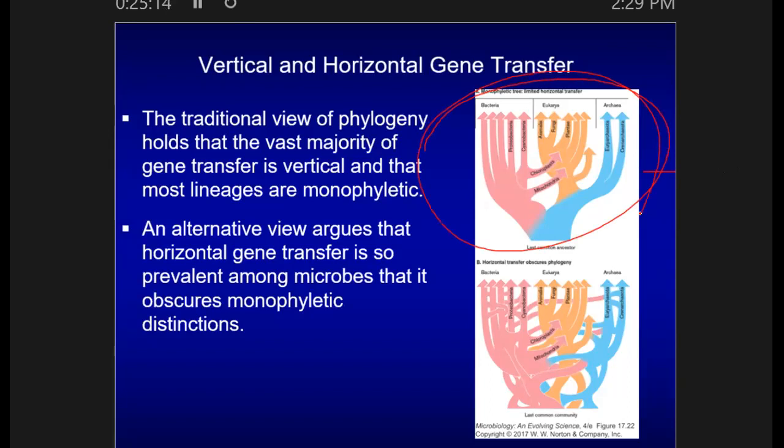Now they're saying the more they learn about horizontal gene transfer, oh boy, we need to think about all kinds of horizontal gene transfer going on over time. So it's much more complicated than what we originally thought now that we know more about this.